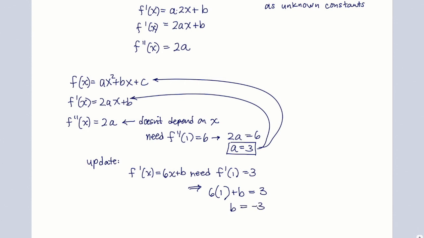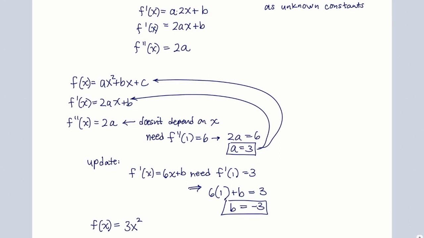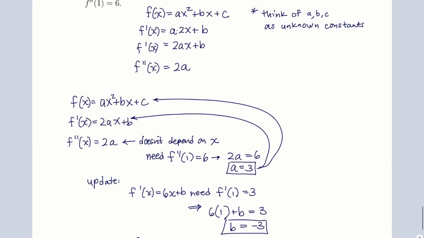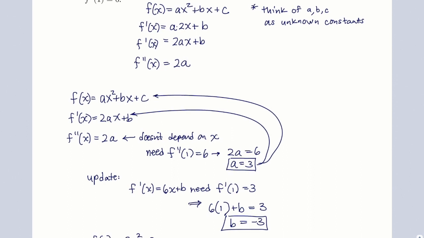And now I can update my original function. And now I know that f of x is ax squared, so 3x squared, filling in that a value, plus bx, but b was negative 3, so negative 3x plus c, right? And now we still need to figure out what c is, but we're told that f of 1 is 5.